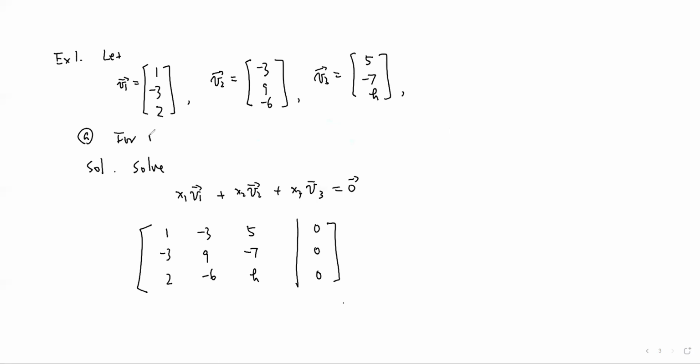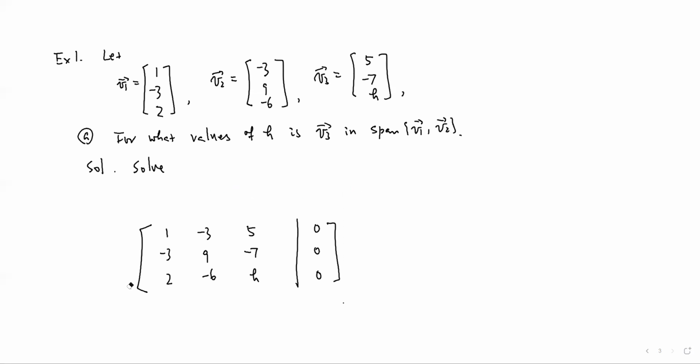For what values of h is the third vector in the span of the first two vectors? All right, now to answer this question, recall that the span means the set of all possible linear combinations of V1 and V2.